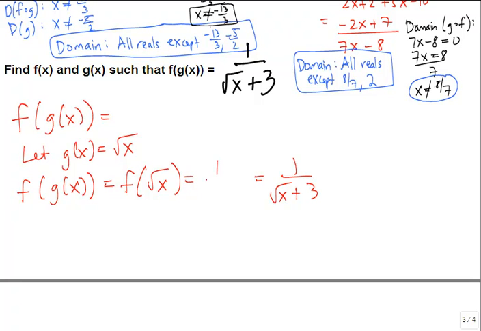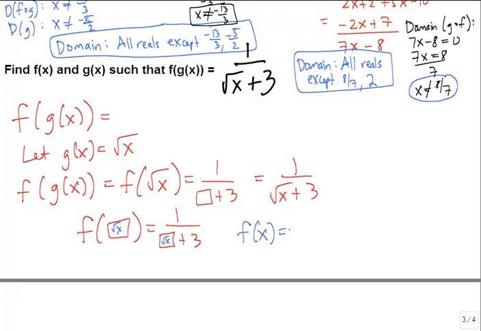If f was the function 1 over stuff plus 3, then if I were to input square root of x, that square root of x would fill right inside of that box. So the function for f must be 1 over input plus 3. Now how would you write that using f of x notation? f of x notation would just be 1 over the input x plus 3.